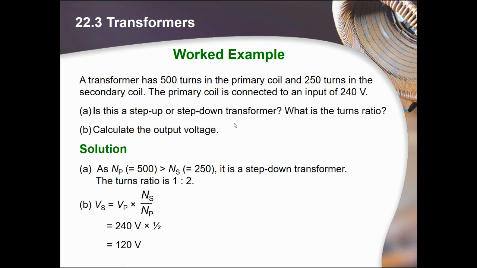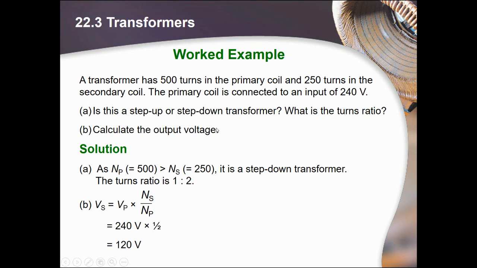The turn ratio will be the number of turns in secondary over the number of turns in primary, so it's 250 divided by 500. So the turn ratio is 1 to 2.